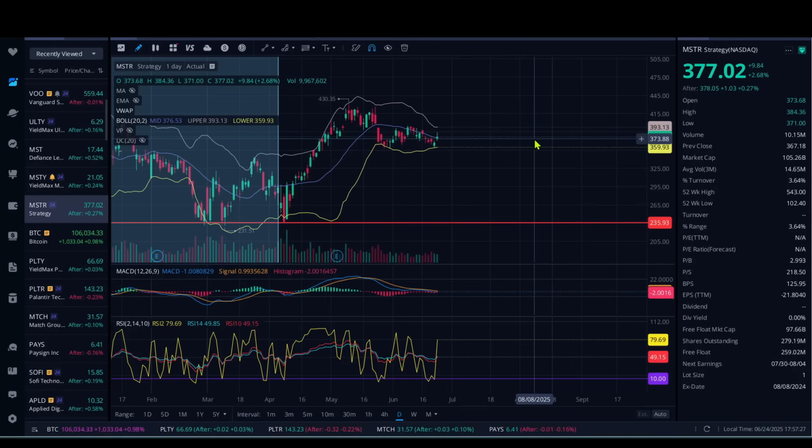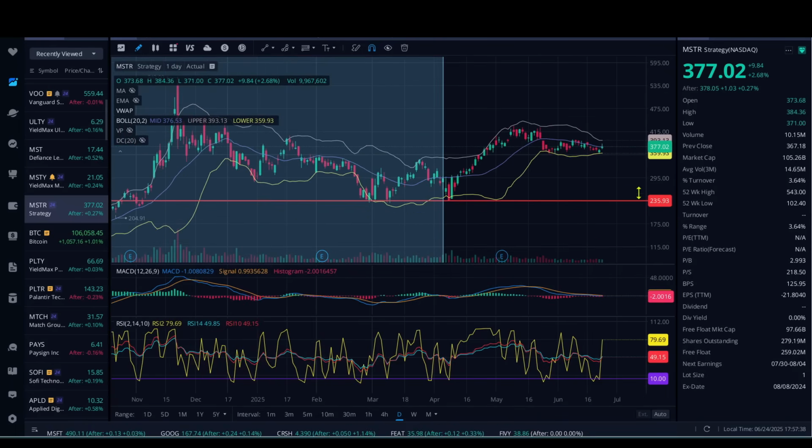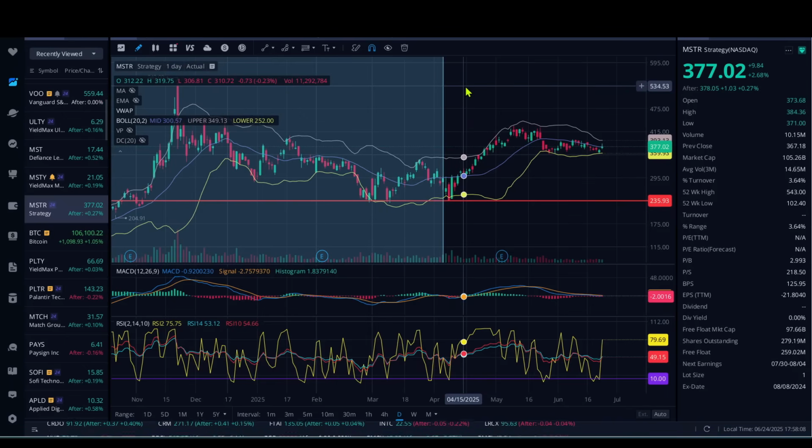I am only just showing it and then showing it on the chart, and then you can make your own assessment of the situation and decide on whether or not that is for you. But like I said, it is definitely not for me, as I see upside for MSTY and I am bullish Bitcoin.